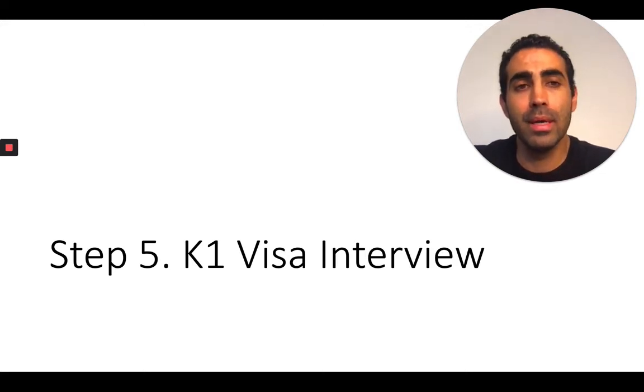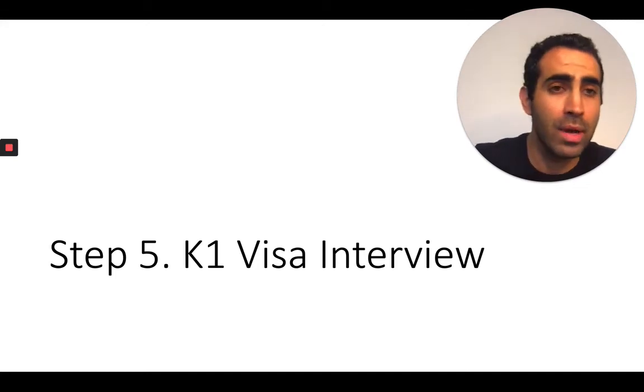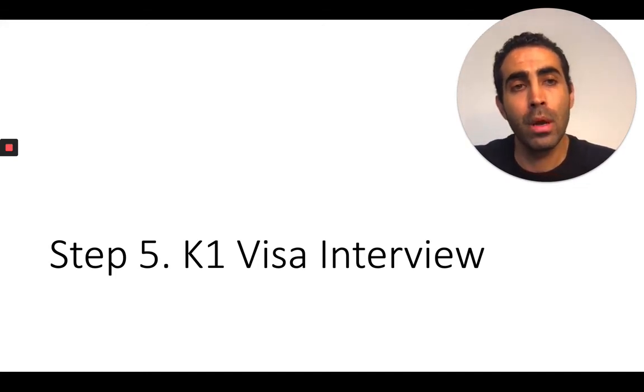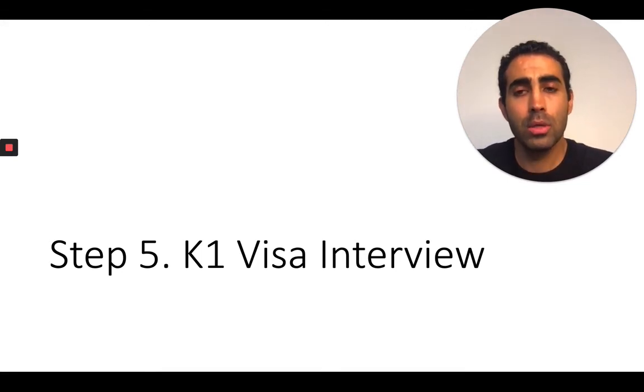That's going to be the next step in the process, is to attend the K-1 visa interview. The interview is going to take place at an embassy or a consulate outside of the United States. Likely it will take place in your home country, the foreign-born fiancé's home country. So that's the next step.